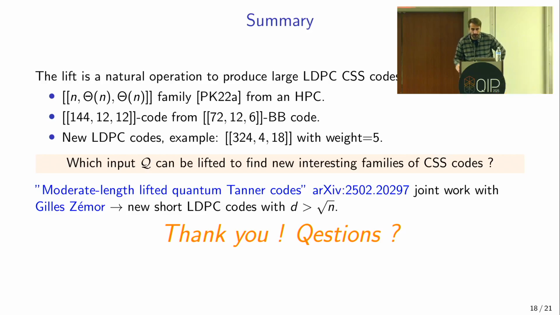So I think it's a really interesting direction to study, and I believe that you can use the local structure of your base code to infer certain properties of the lifted code. You can think about also decoding algorithms that rely on this local structure, or as you said, the existence of fault-tolerant gates. Though this is unexplored at the moment, I think it's a really interesting direction of study.